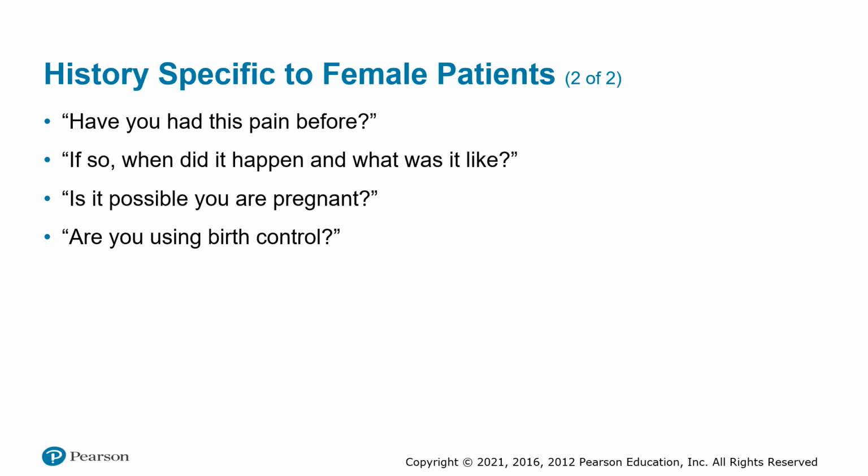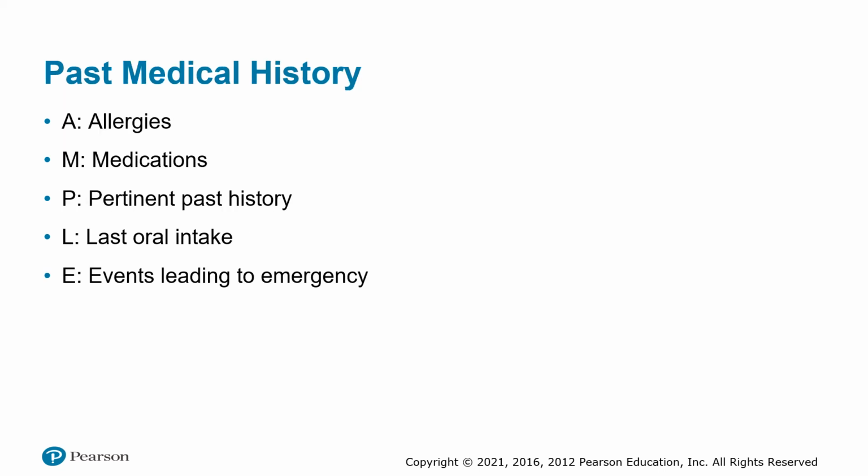So again, have you had this pain before? If so, when did it happen and what was it like? Is it possible that you're pregnant, and are you using birth control? And then you're going to go through your past medical history with SAMPLE.